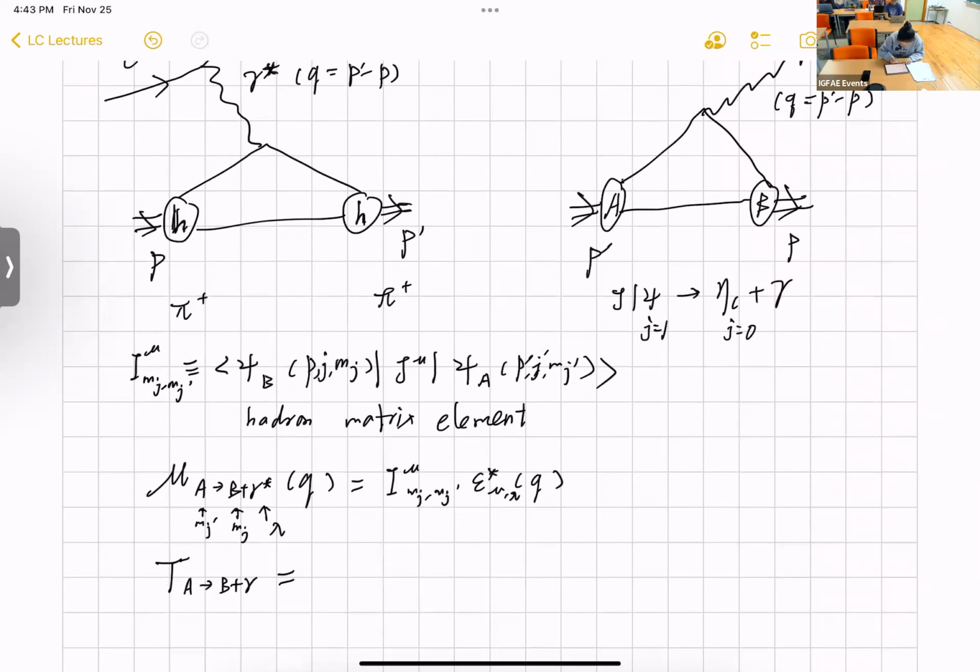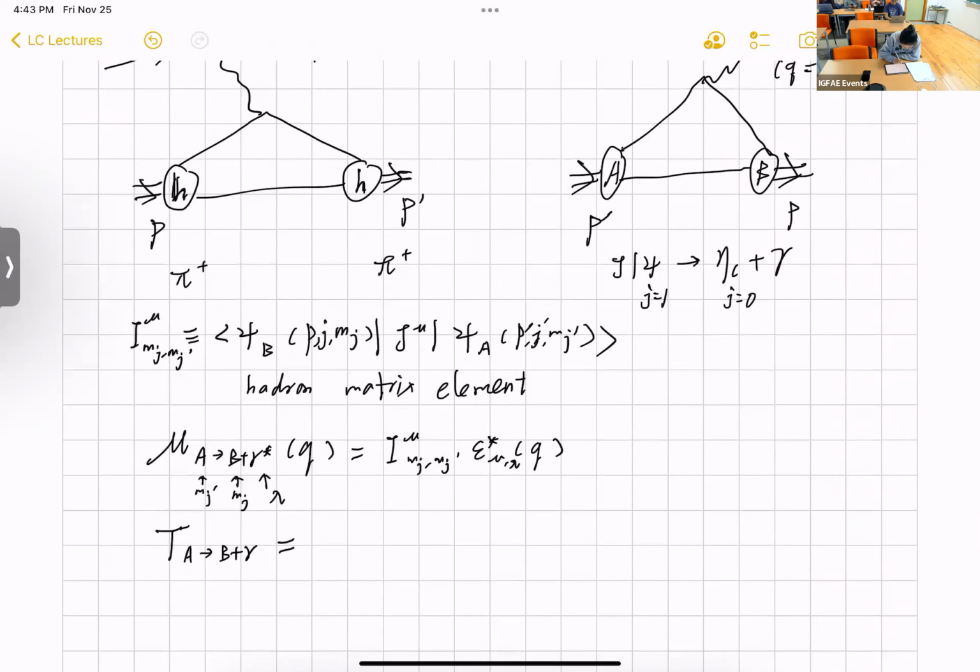The connection from the scattering amplitude to the decay width is straightforward. You integrate over all the final states, and then you average over the polarization of the initial state.